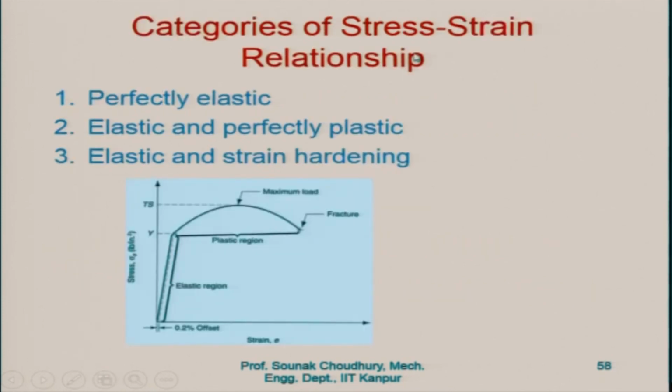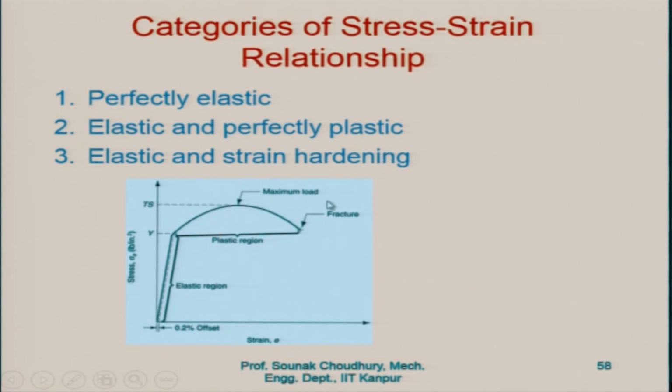Next is the categories of the stress strain relationship. There are basically the three categories that we can identify. One is the perfectly elastic, second is elastic and perfectly plastic. Third category is the elastic and strain hardening.